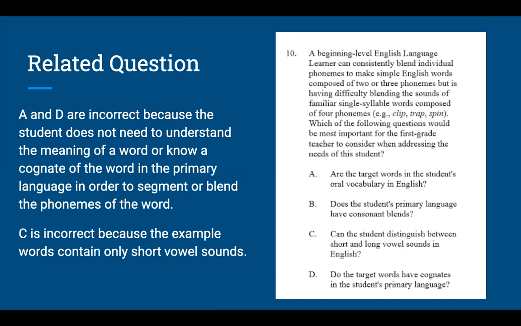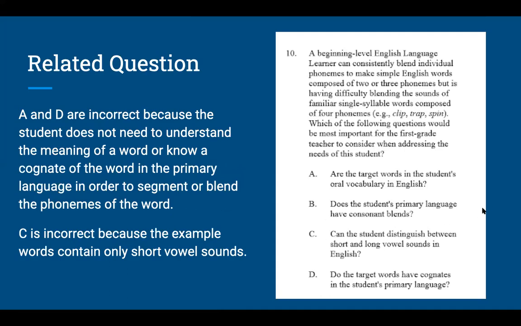So again, the student doesn't need to know the meaning of a word to do the skill of blending, and then C is incorrect because the example words contain only short vowel sounds. So when we're looking at the example words clip, trap, and spin, those are all short vowel sounds. There's nothing to do with long vowels.